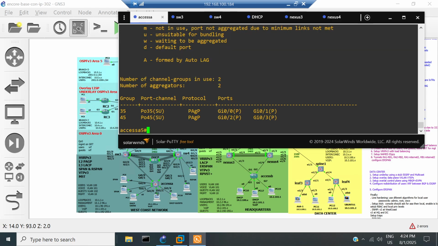Okay, just to finalize, let's show all the other troubleshooting commands.